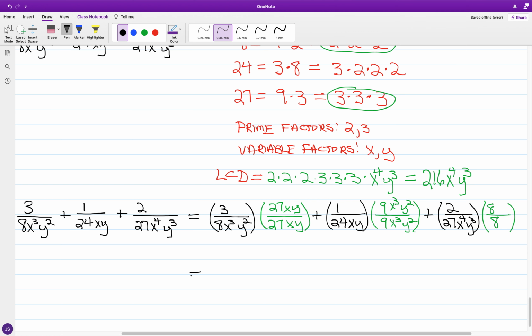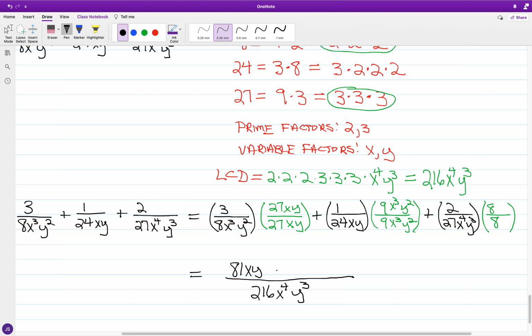And since we're going to have the same denominator, again you have 216 x to the fourth, y to the third, as I multiply each set of denominators out and look at what we have with the numerators. So you have 3 times 27 xy, which would be 81 xy.